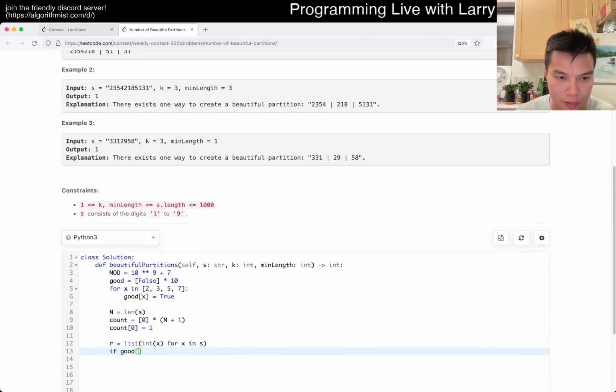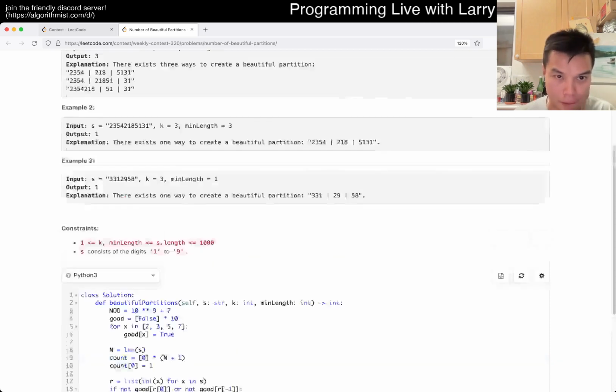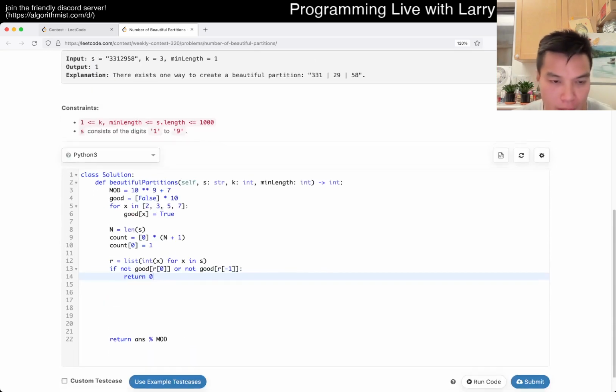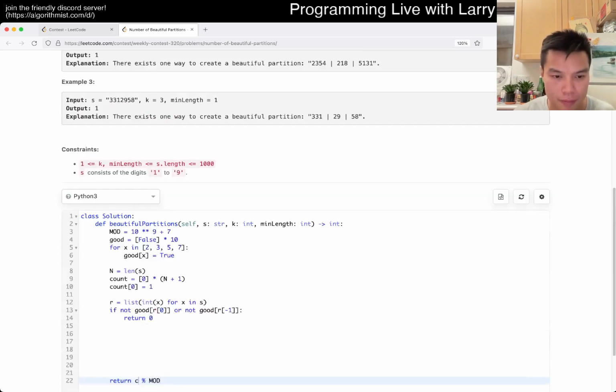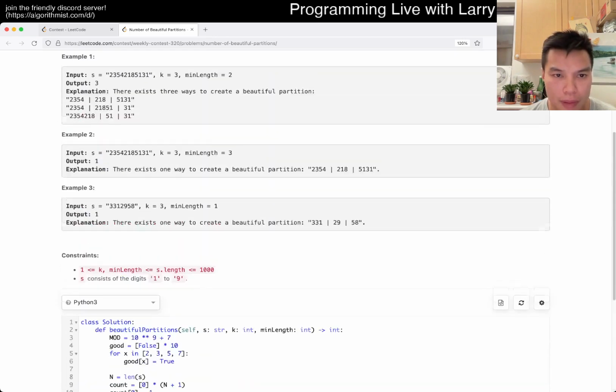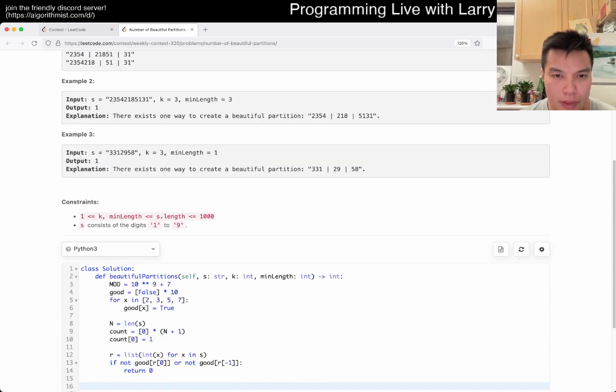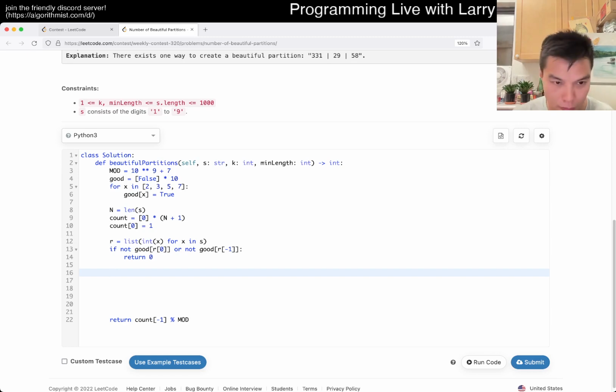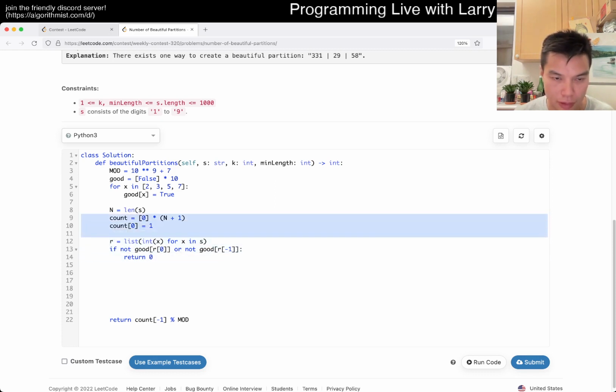So if good of 0, okay, because that's just an impossible case, might as well speed that up. Otherwise, okay, the hard part is kind of partition points. Okay, fine. So actually we could do better than that, I think. Better than this actually. So let's actually delete this for now.